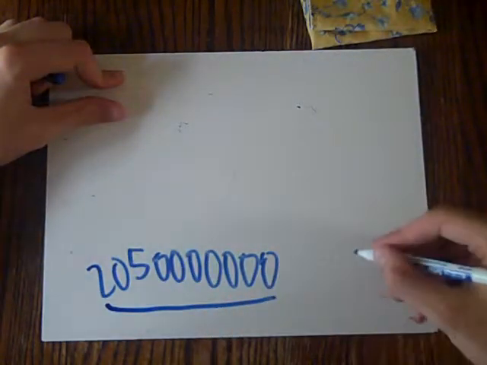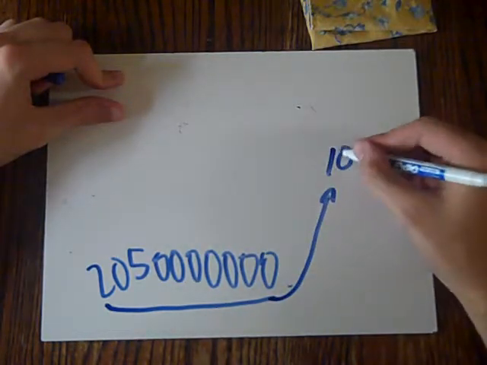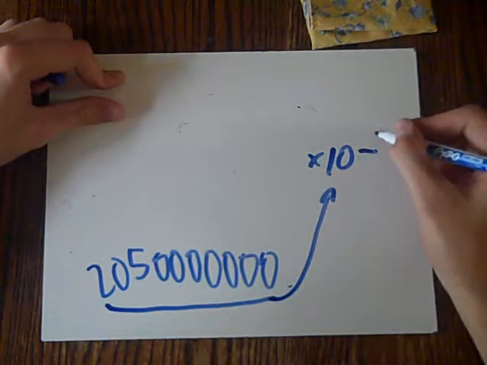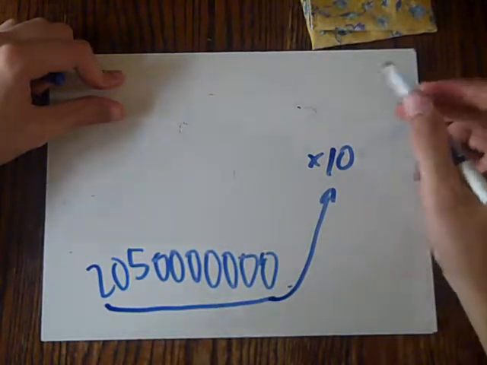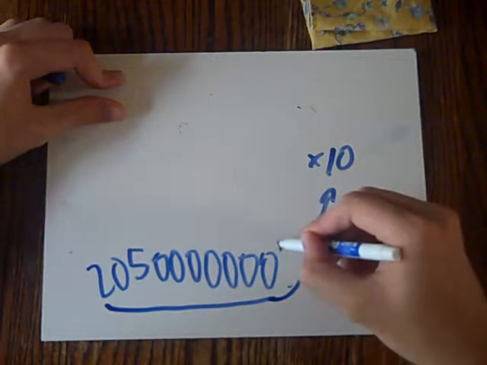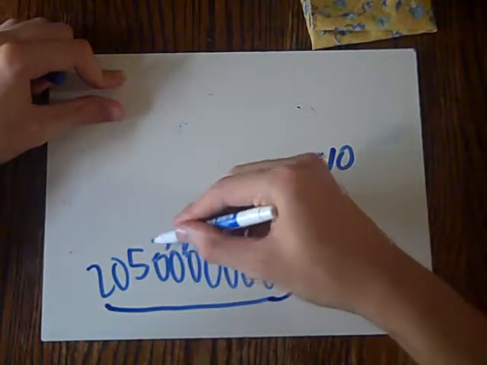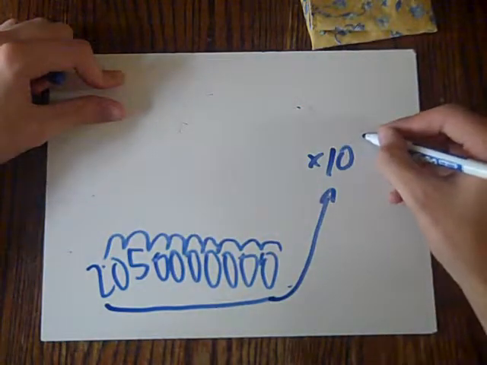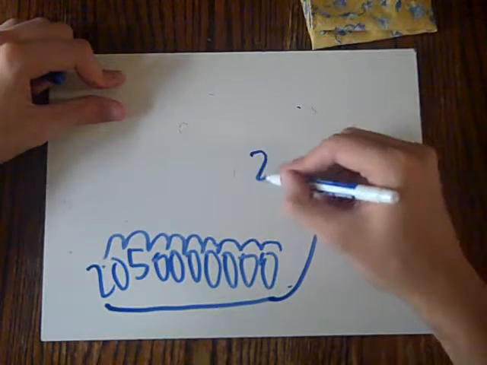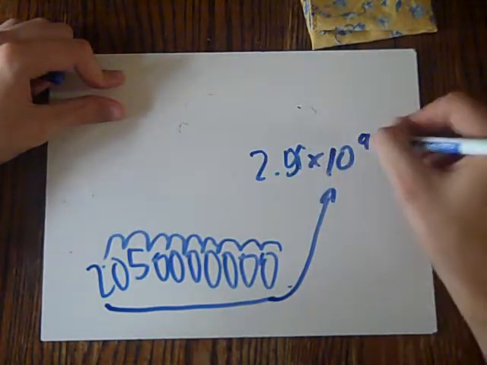We want to get it to scientific notation, times 10 to the something. Okay, well, here's what we're going to do: count this way. 1, 2, 3, 4, 5, 6, 7, 8, 9. Okay, so it's times 10 to the 9th, and what it is is 2.05 times 10 to the 9th.